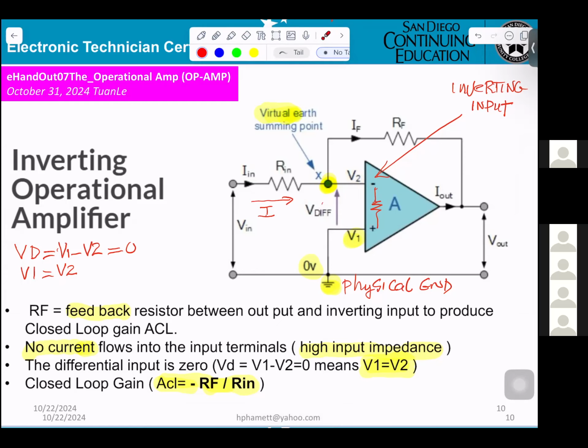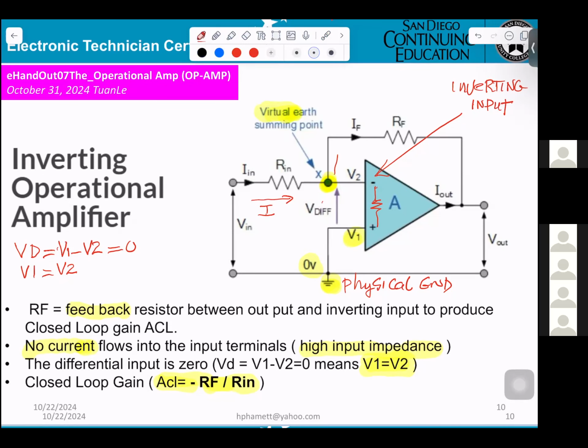Okay? So, again, current I comes to that point. They're not going into the op amp because of high input impedance. They're not going down. The thing is they get the same potential. So the current will be flowing this way.